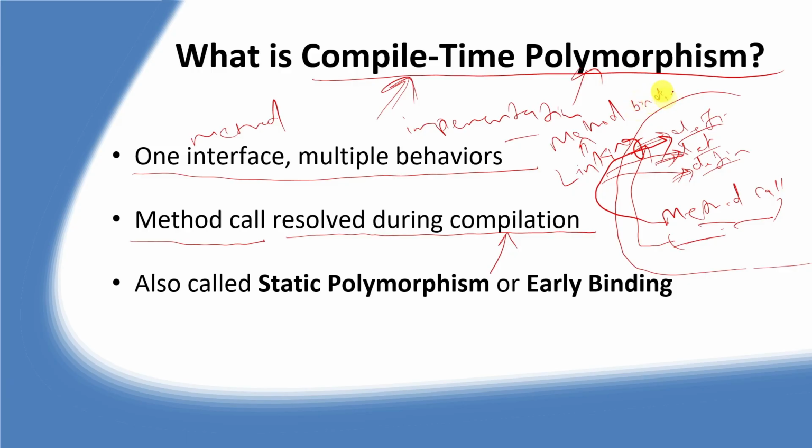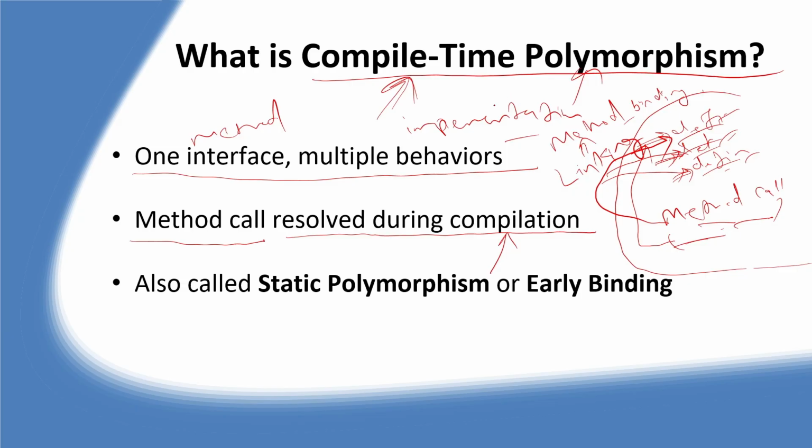So method binding means what? Linking method call to method definition, which there are so many definitions, right? So which definition we should go? Which method should be called? So that linking is called method binding. And this method binding happens during compile time. That's why we call it as compile time polymorphism.